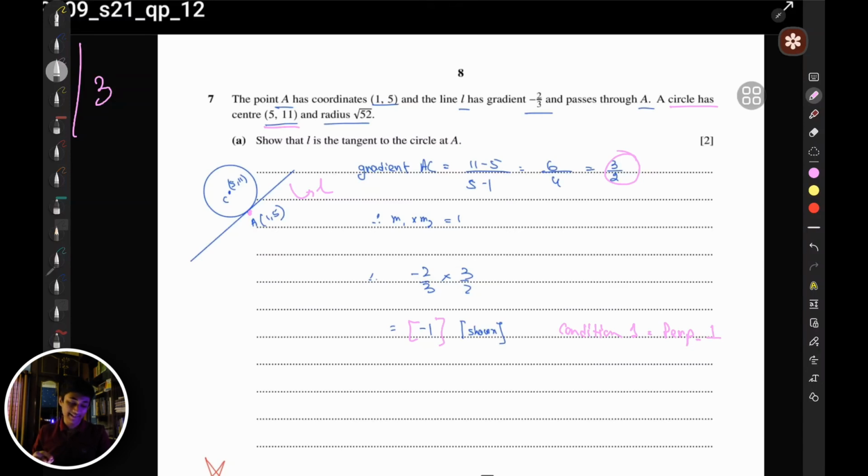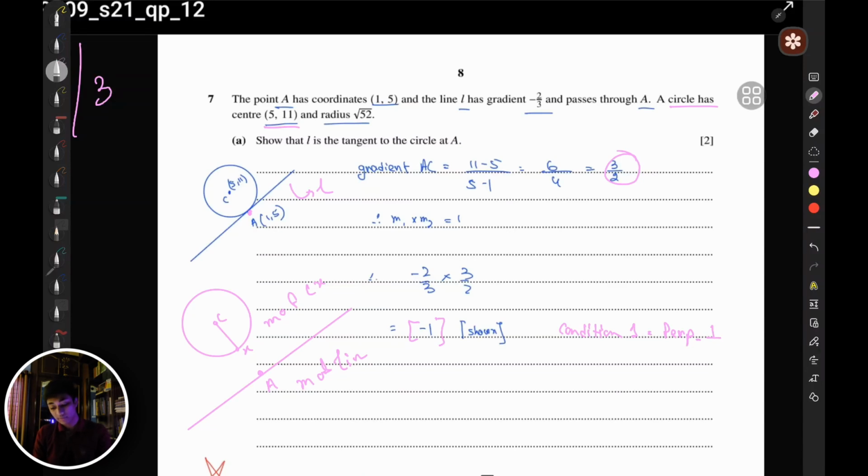Now, you might ask, what if the circle is over here and the line is over here, and they're not touching, but the gradient of the line and the gradient of CA might be perpendicular to each other?